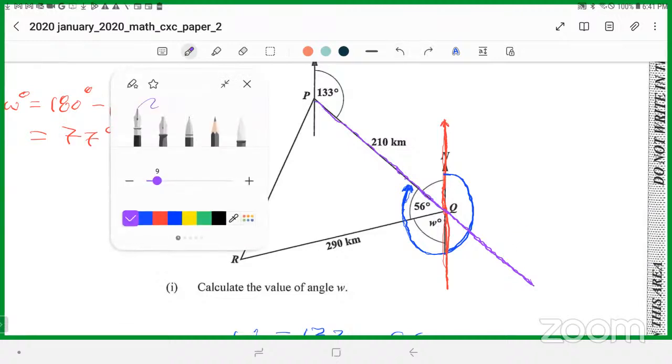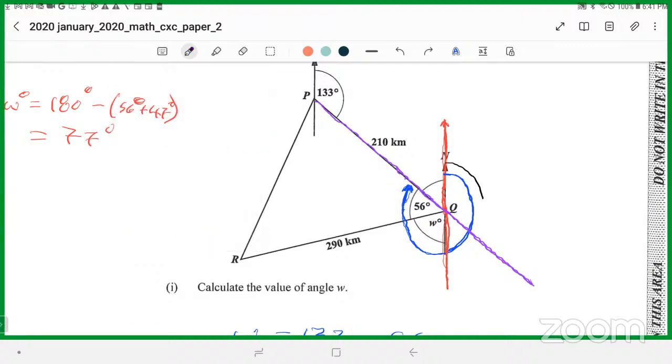Look at this now. Let's put another color, let's put it in black. I know that right here is 133, and then the rest of it back to the purple line is 180. So we could have added these two as well. See that? Right, so that's another way you could have done it.